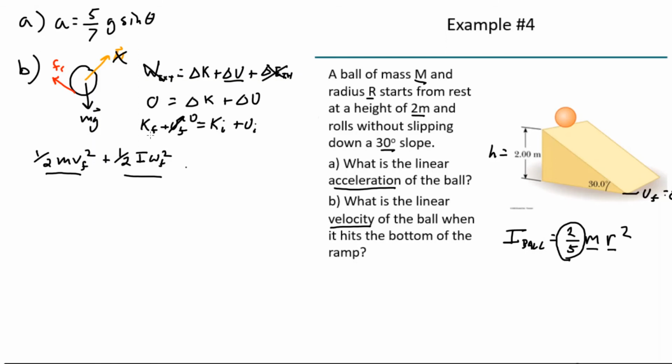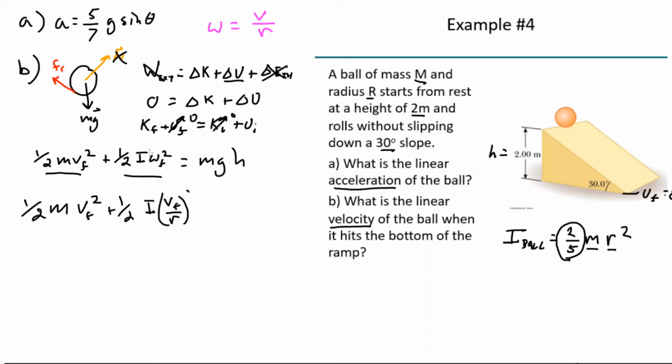All right. Well, now once again, I've got one equation and two unknowns, but my rolling without slipping condition says that omega equals the velocity v divided by r, the radius of the ball. That's my rolling without slipping condition. So I can write this as 1/2 m v final squared plus 1/2 I times v final over r squared equals mgh.